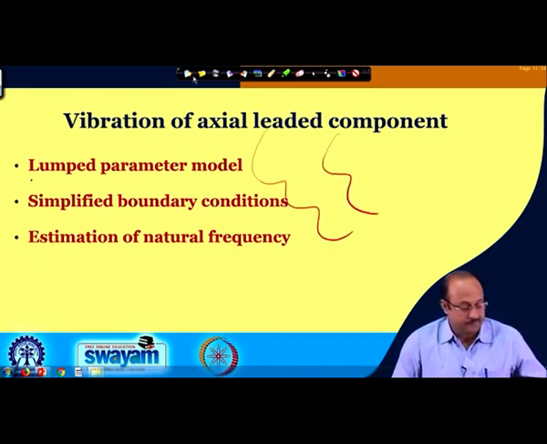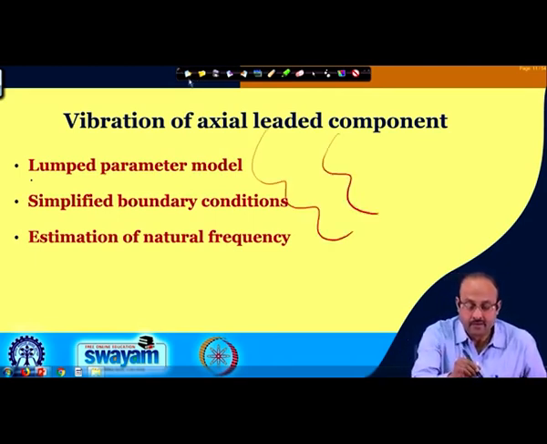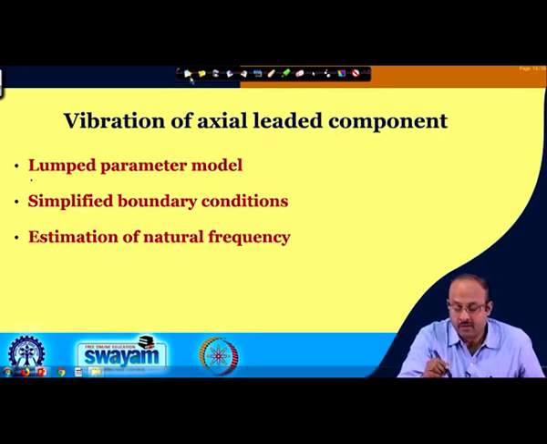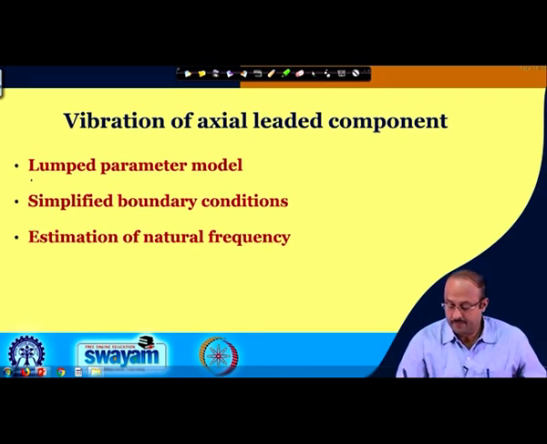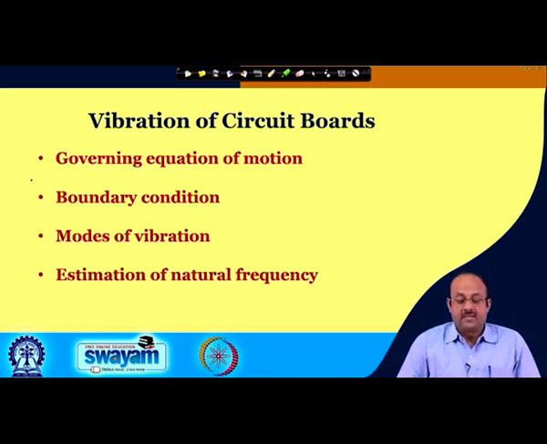Now, let us go to the vibration of the circuit board, which is a very important component of electronic equipment. And the circuit board, just like a continuous system, has vibration characteristics that can be quite complicated.